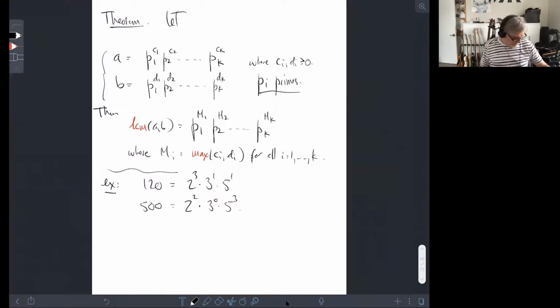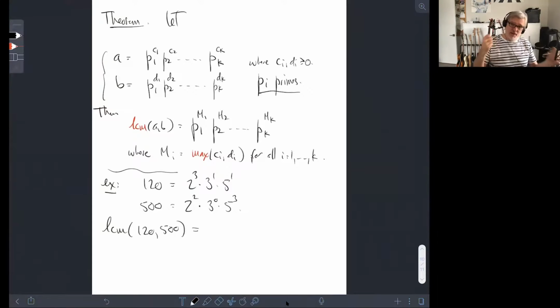Okay, I want the LCM of 120 and 500. So I want a number that these two numbers divide, and I want to make it as small as possible. So I'm not going to use the prime 7 or 13 or anything else. It would make it too big, right? So I just want to use 2, 3, and 5.